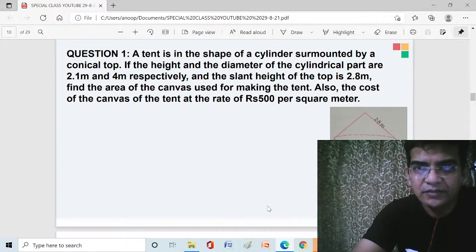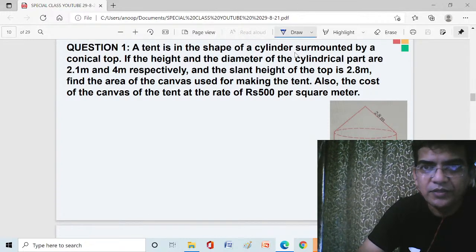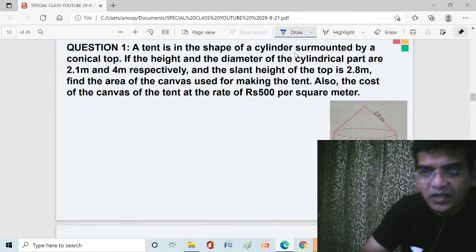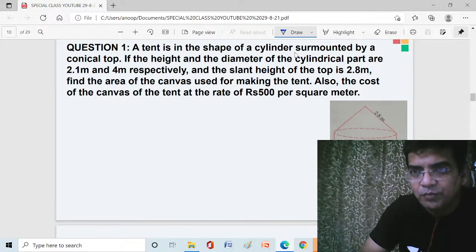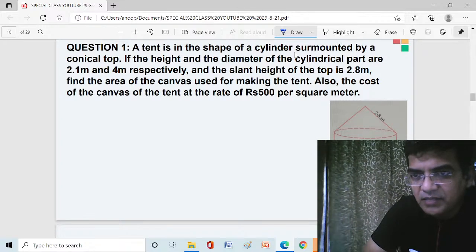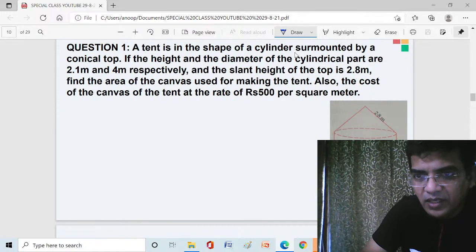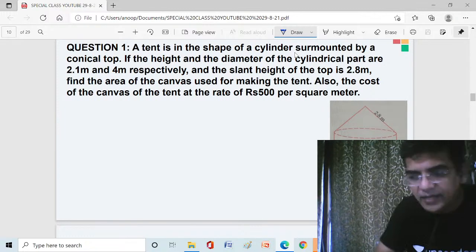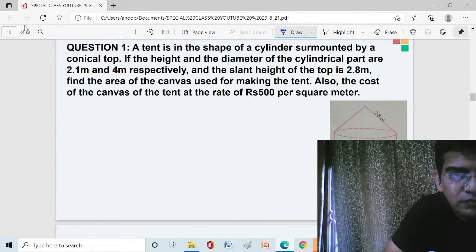Now let's see here in the figure. As you can see in the figure, this is the slant height given to you. The cone and the cylinder both have the same radius. It's a surmounted figure, so the diameter is the same, which means the radius is the same.